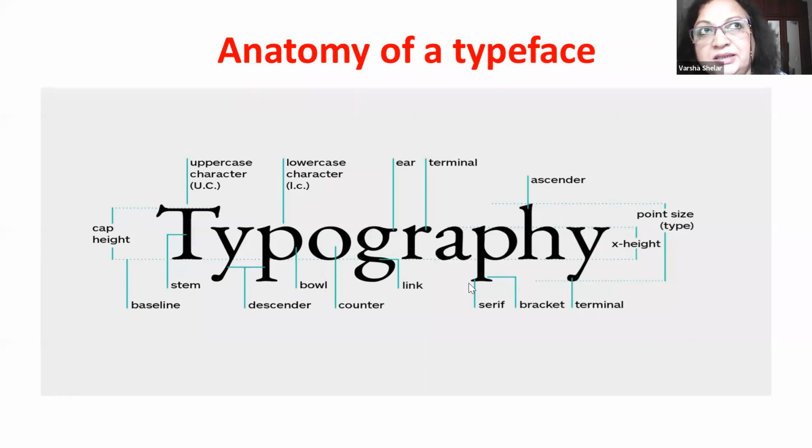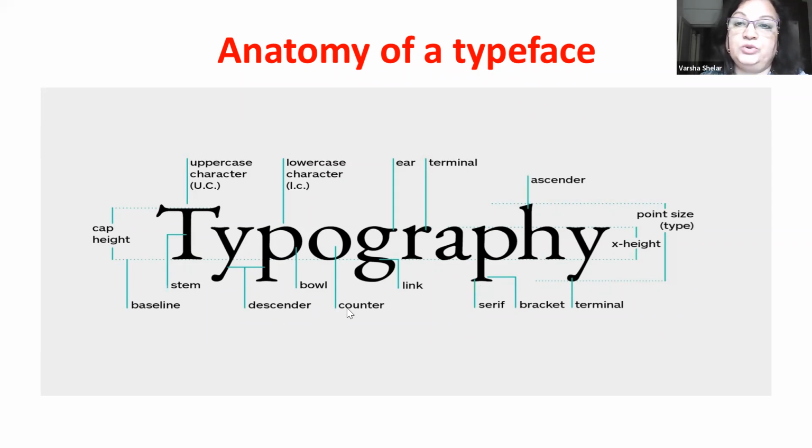It's not exactly skeleton, you're quite close. It's bodily structure. So we are talking about, say, human anatomy. What does that mean? That means bodily structure. Similarly, type also has a structure. Typefaces also have structure. So what are these different parts of a typeface?